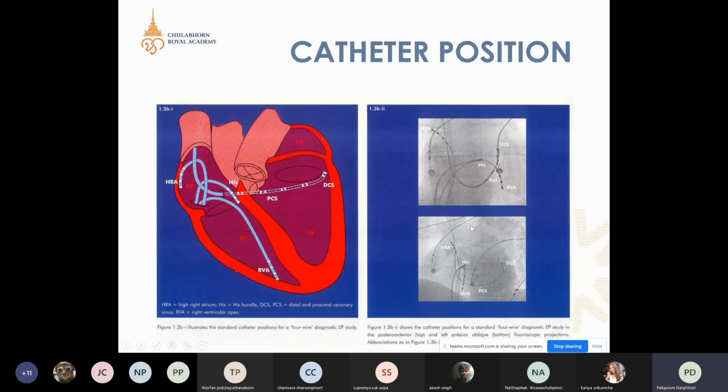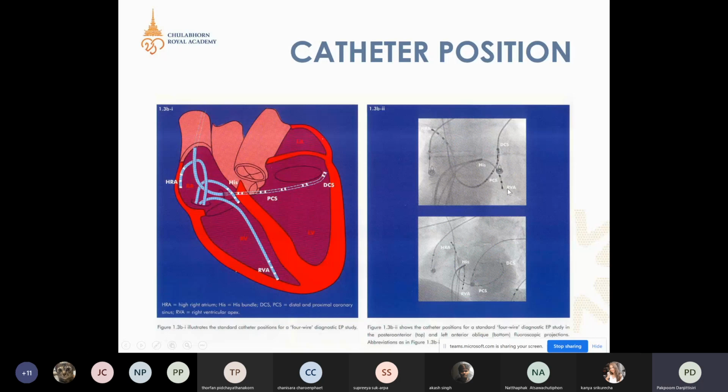Okay. Then about this one, a diagnostic catheter with 4 electrodes, apart from the high right atrial catheter, it should be the right ventricular apex catheter, or maybe the His catheter if the spacing is the same. But when you look at the picture, this PA view, you can see the direction of the catheter is going down.